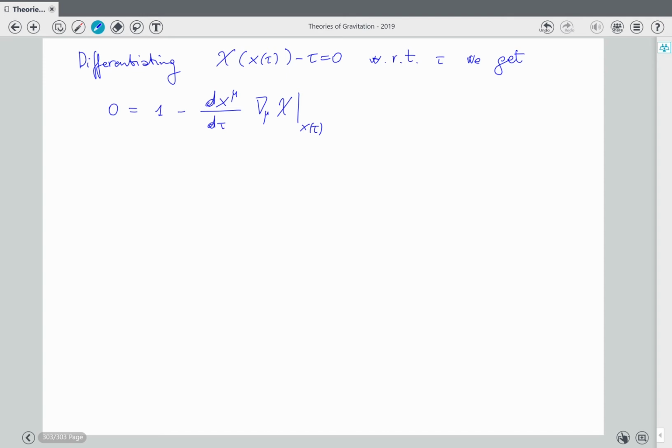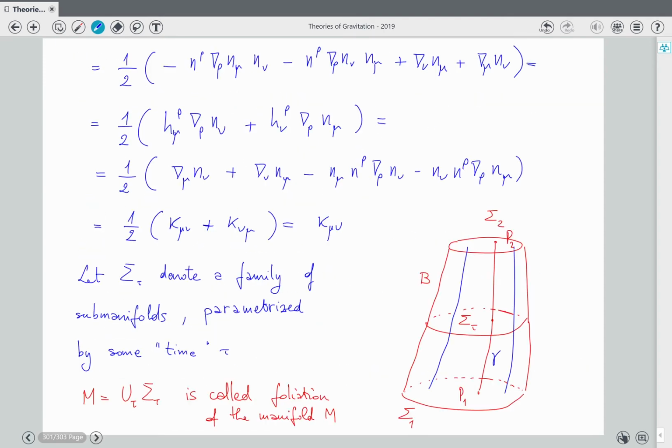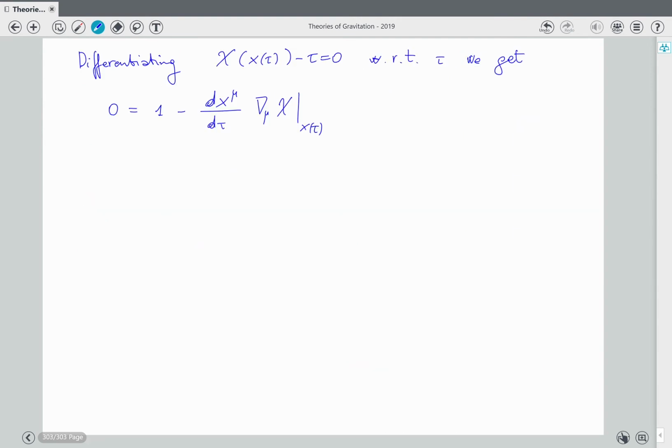Now dx mu over d tau is the tangent to the curve, but the curve exits the submanifold. It's not tangent to the submanifold sigma, it's meant to exit, so it's kind of related to the orthogonal.